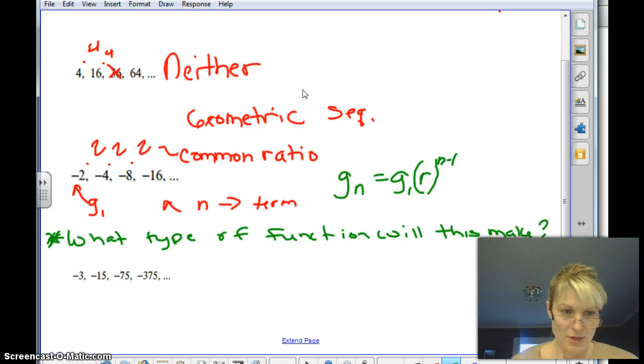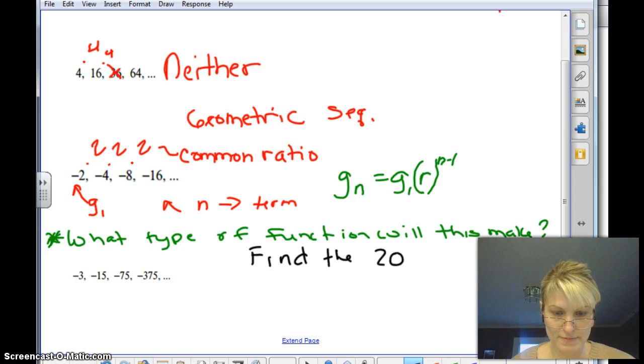Okay, so here, same thing. Let's say I wanted to find the 20th term here. So I'm going to take my equation. It's not going to be g sub n because now I know n is 20. So I want to know the geometric sequence of term 20.